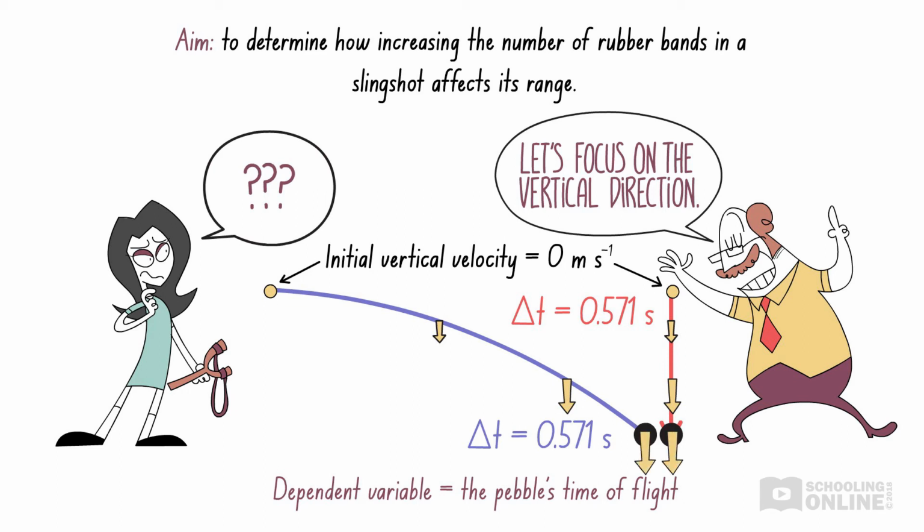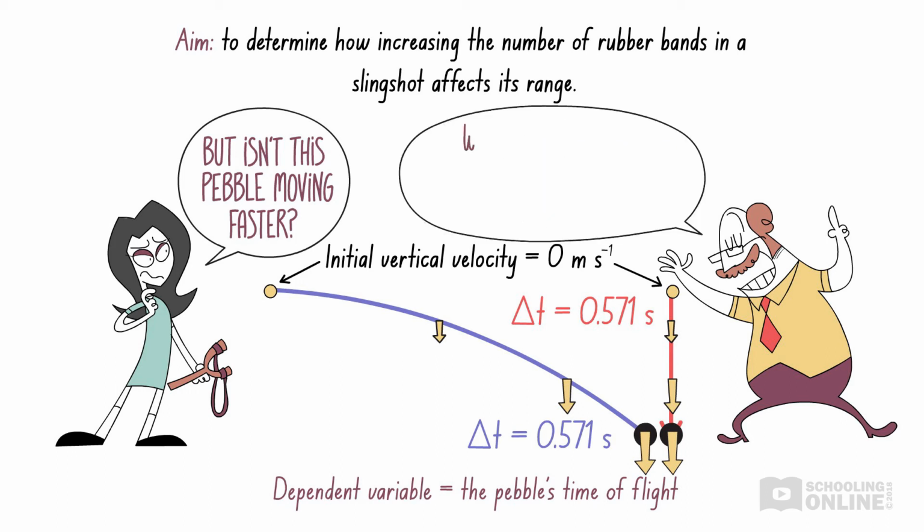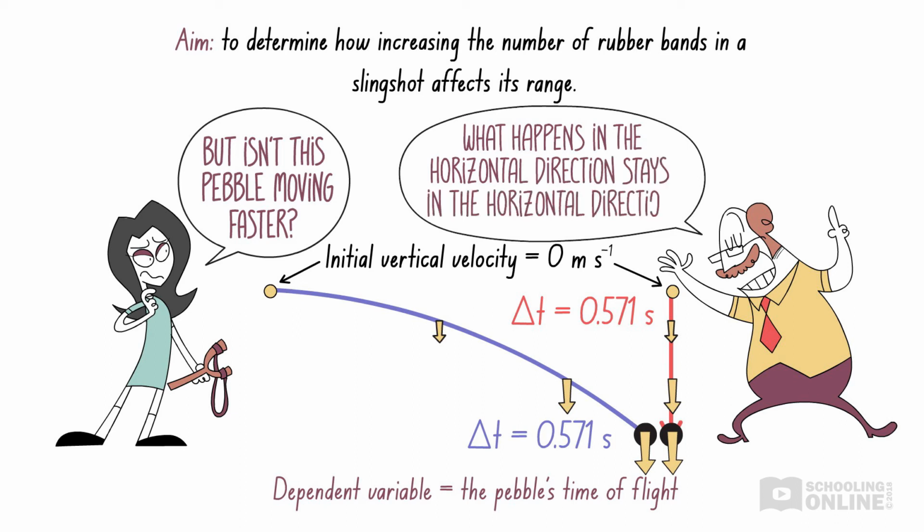As we can see, both pebbles behave the same way in the vertical direction. Even though one pebble is launched horizontally and the other isn't, we can ignore these facts when analysing their motions in the vertical direction. Remember, the vertical and horizontal directions are independent, so what happens in the horizontal direction stays in the horizontal direction.